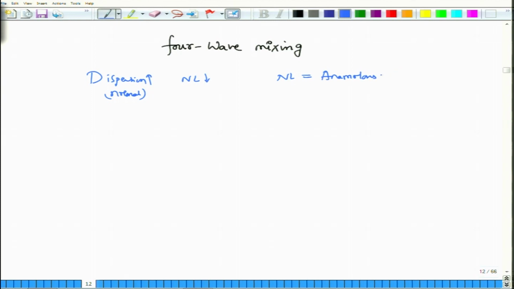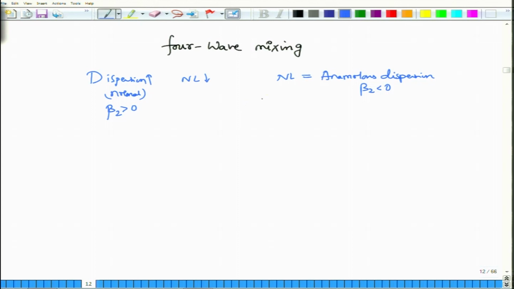Remember, anomalous dispersion is where the beta 2 parameter is less than 0, whereas for normal dispersion beta 2 is greater than 0. So in the normal dispersion case, nonlinearity is usually suppressed, whereas in the anomalous dispersion case nonlinearity can be enhanced, and in some very special cases nonlinearity can exactly balance out the dispersion term.